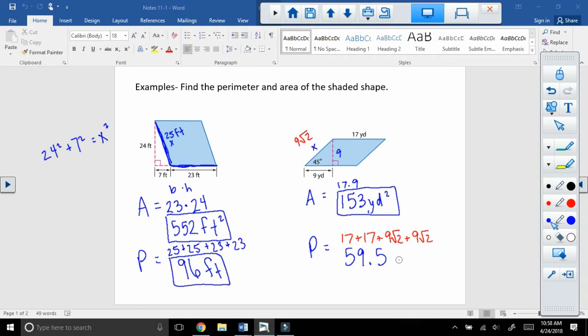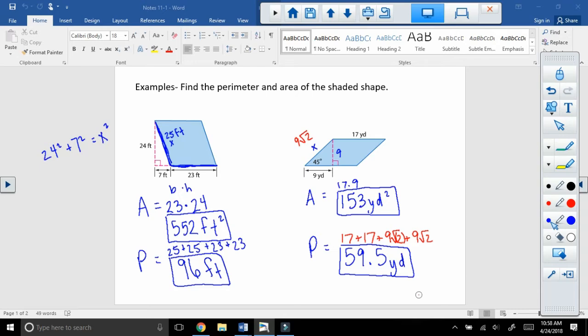When you round to the tenths place, it should be 59.5. Yes, close the parenthesis. If your calculator automatically comes up with a parenthesis there, make sure that you close it.